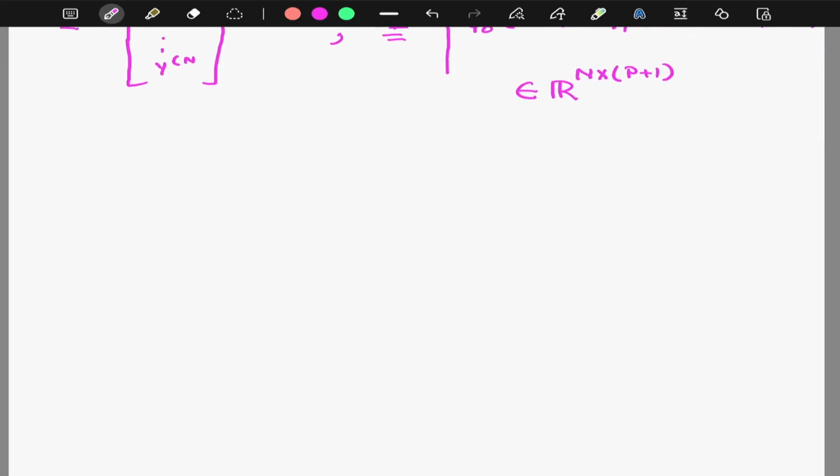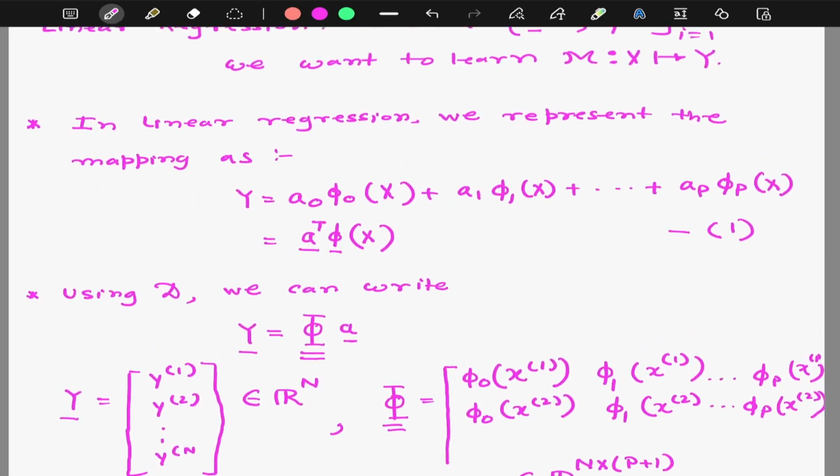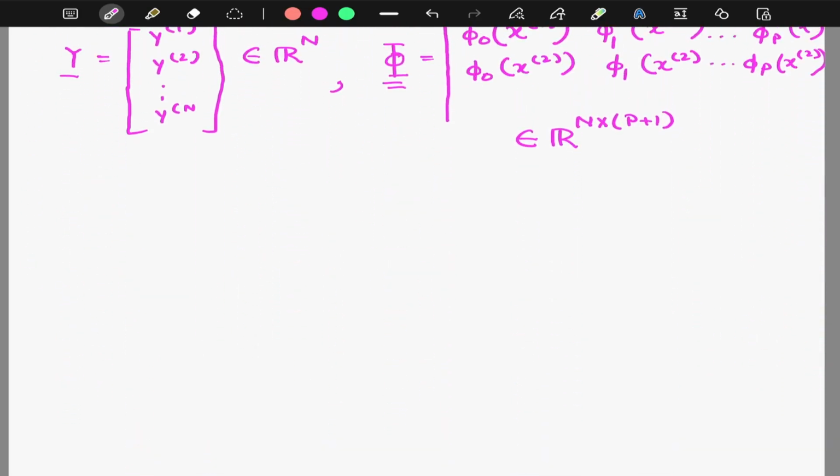But before A, let me also write the whole data. There is a data matrix also, by the way. If I write my data matrix, it is simple.